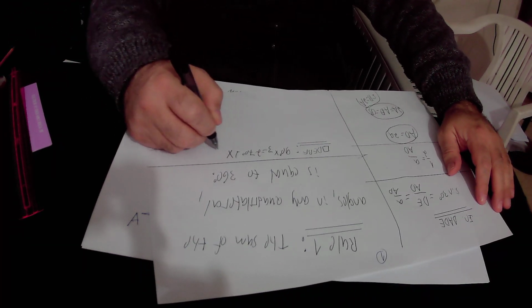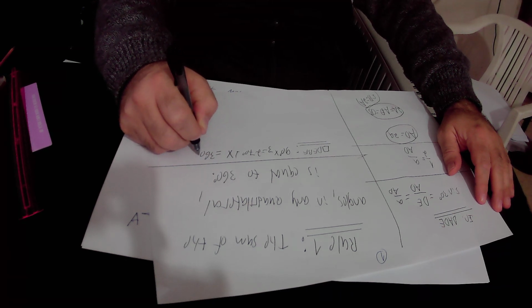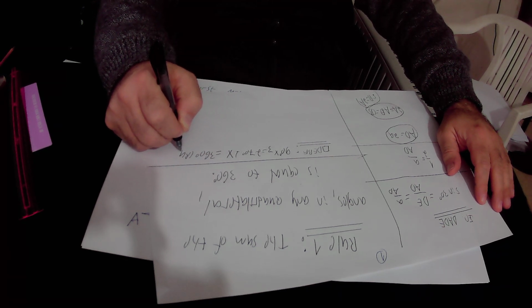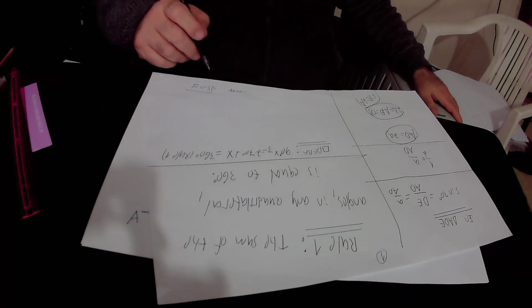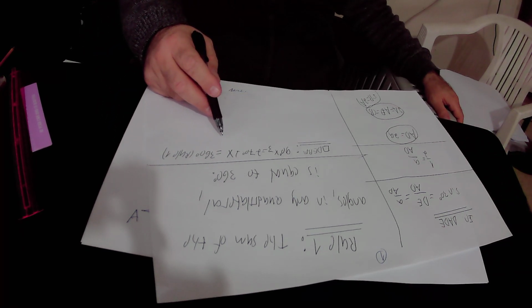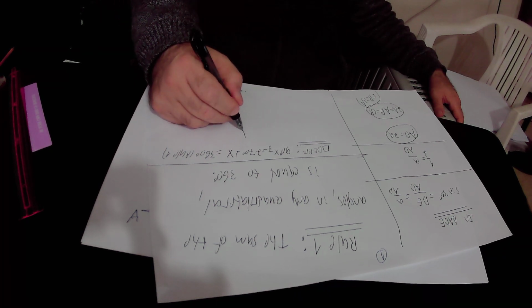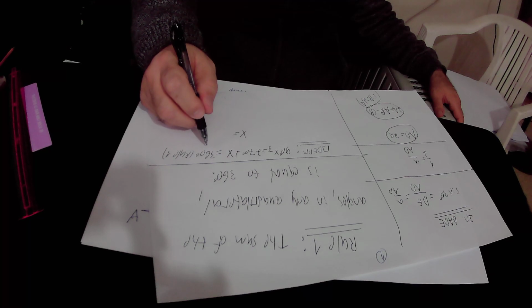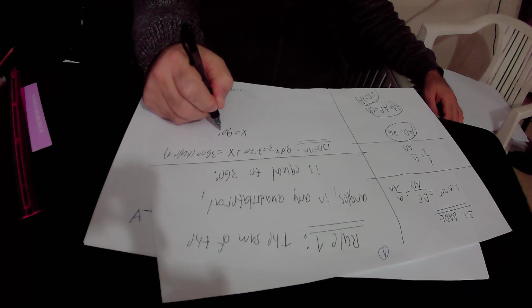This must be equal to 360 degrees according to rule number 1. Here we will subtract 270 degrees from this equation, and we will get that angle x equals 360 degrees minus 270 degrees, that is to say angle x equals 90 degrees.